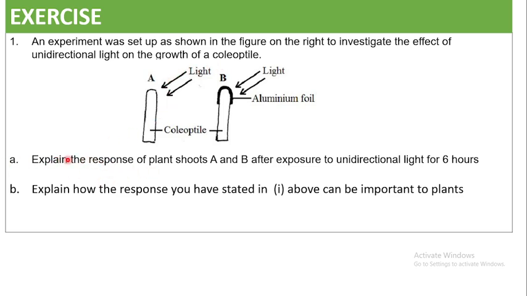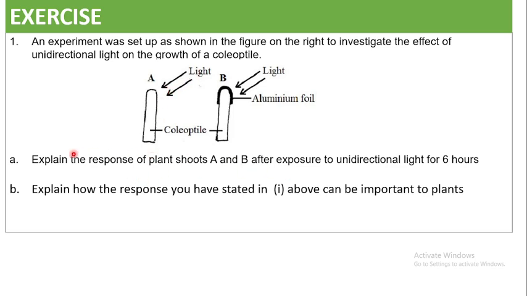Explain the response of plant shoots A here and B after exposure to light for 6 hours. Mind you, this is covered so that light does not reach the cells, or is reflected. The aluminum foil usually is shiny, so it will prevent light from reaching the plant. And here, light is received on one side.